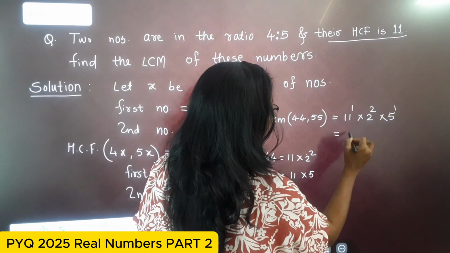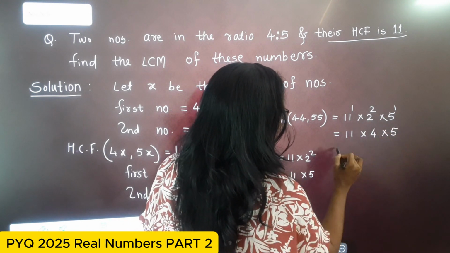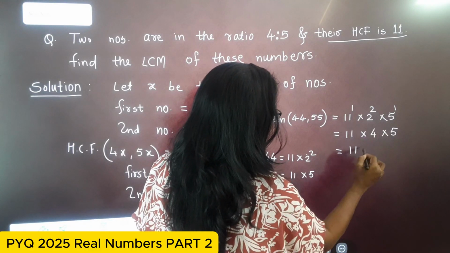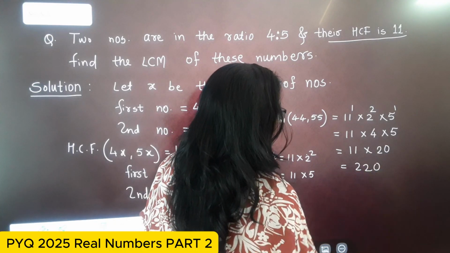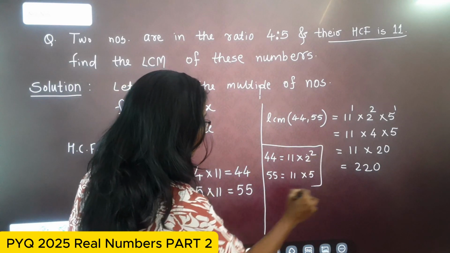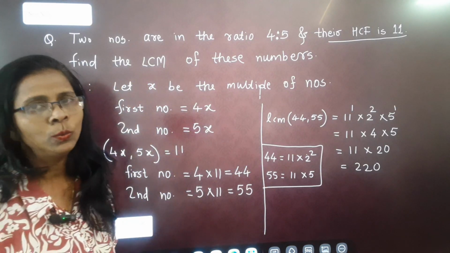That is 11 multiplied by 4 multiplied by 5, so 11 multiplied by 20, which is 220. So 220 is the LCM of these two numbers.